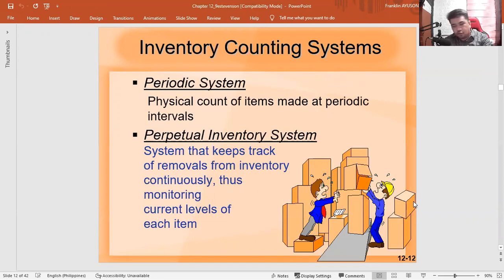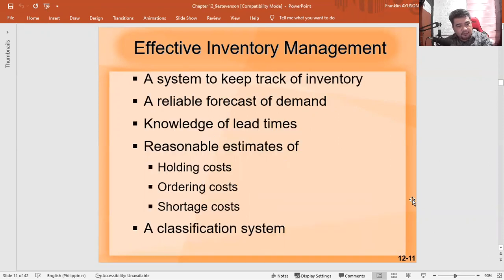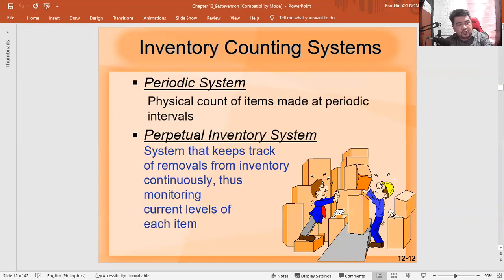So, talking about an efficient inventory system, the following are types of counting system for our inventory. Number one, the periodic system: the physical count of items in our inventory is made at a periodic interval.